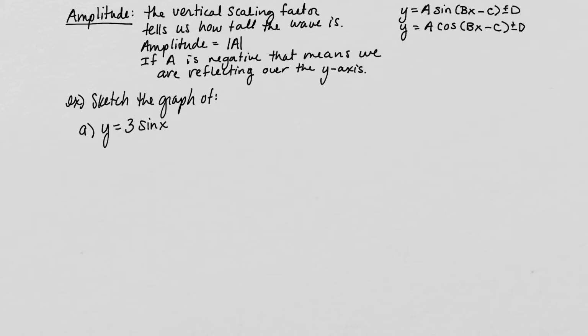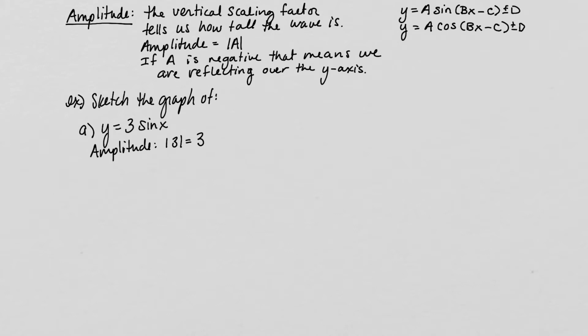A is the number that is being multiplied times the sine or the cosine function. Do I have a number being multiplied times my sine here? Yeah. And what is that number? It's a 3. So my amplitude is going to be the absolute value of 3, which is just 3.